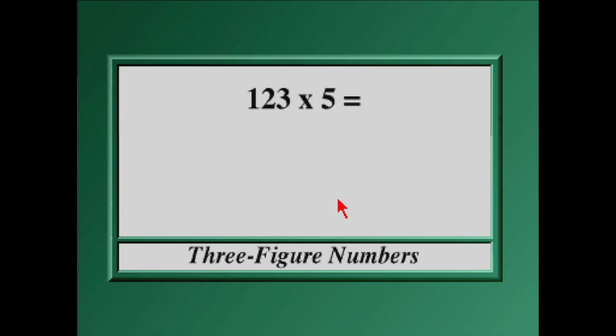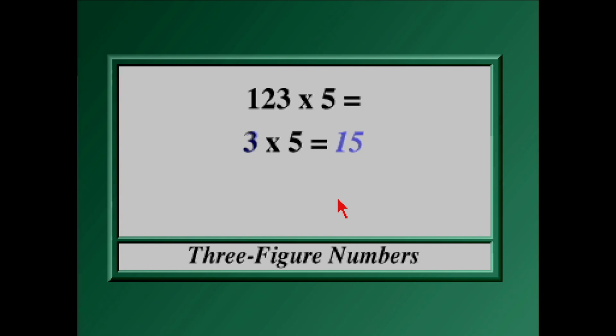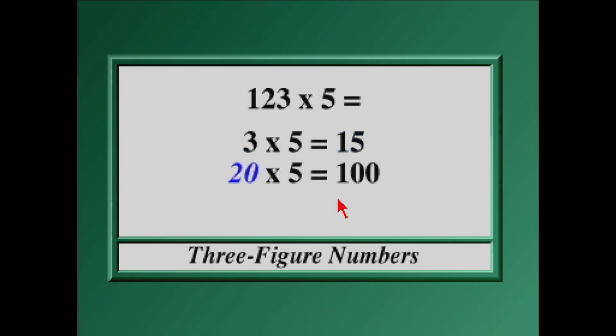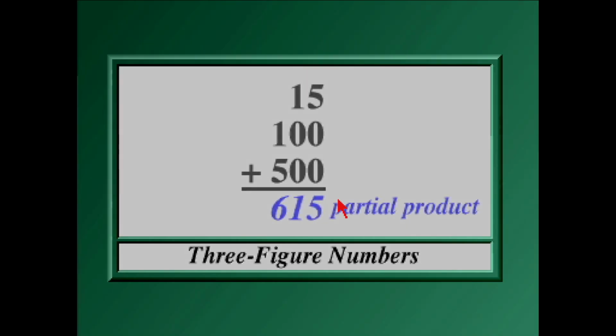The first partial product for 123 times 5 is computed to be 3 times 5, which equals 15, plus 20 times 5, which equals 100, plus 100 times 5, which equals 500. Thus, 15 plus 100 plus 500 equals 615 for the first partial product.